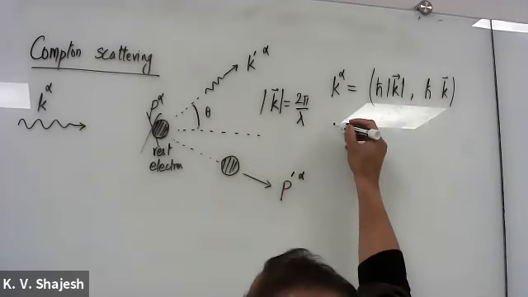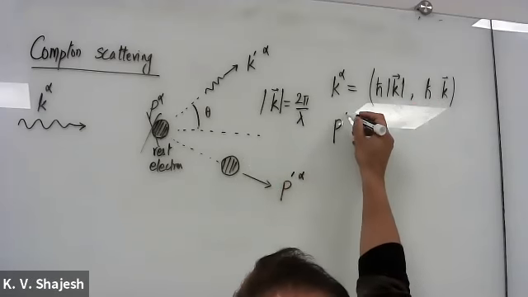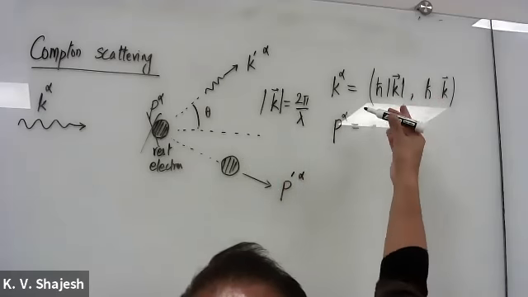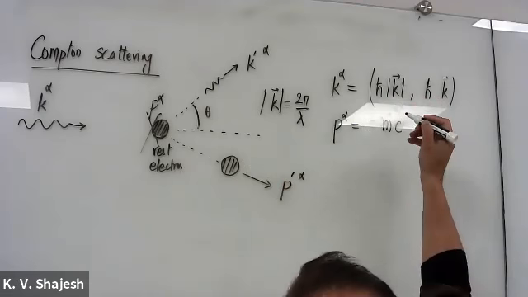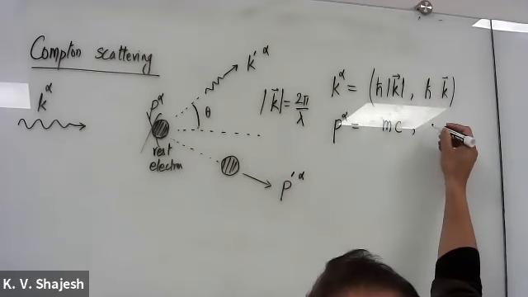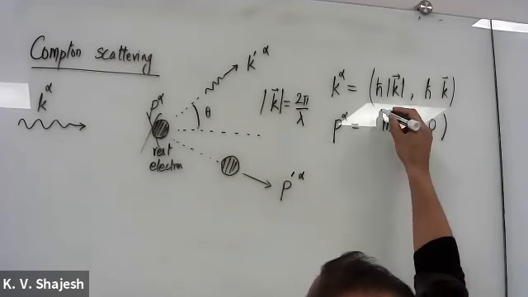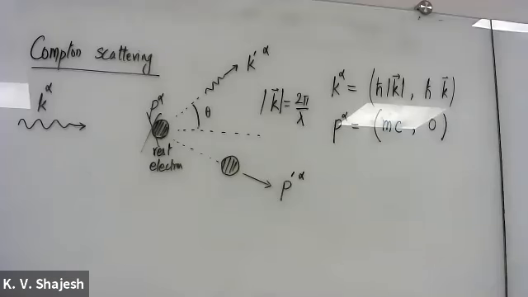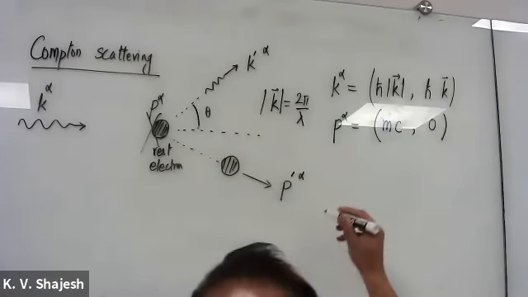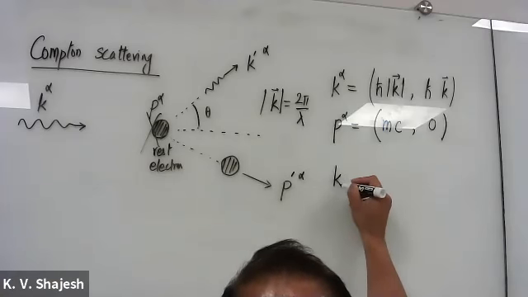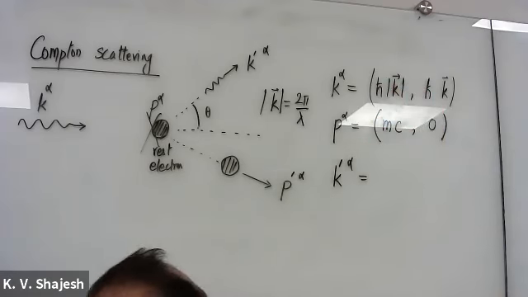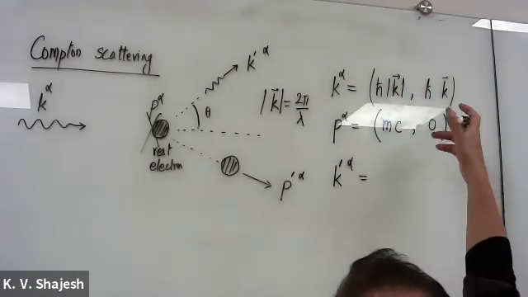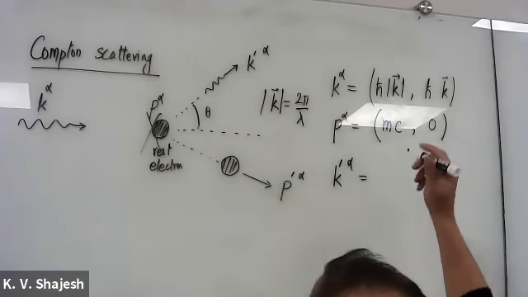Coming to the electron, that's P alpha, it's at rest. So its energy is completely in terms of the mass of the electron, which is mc, and its momentum is zero because it's in the rest frame. So that's the easy part. After the collision, there is a photon, which again has a frequency associated with it, which is lambda, but it is primed, right?